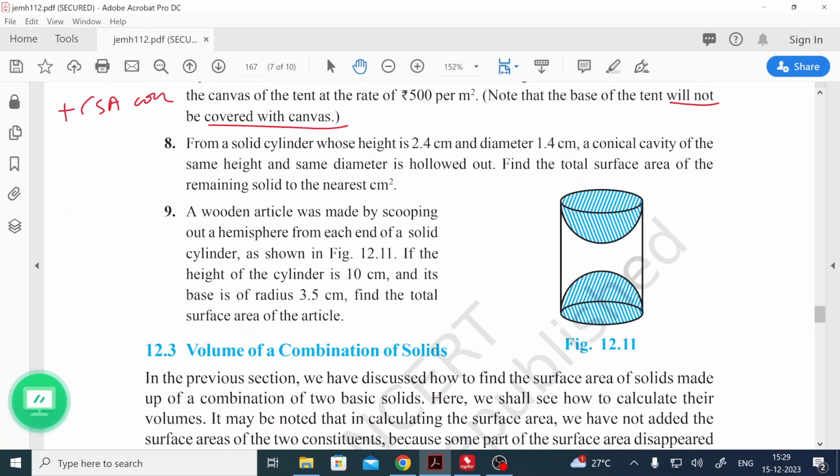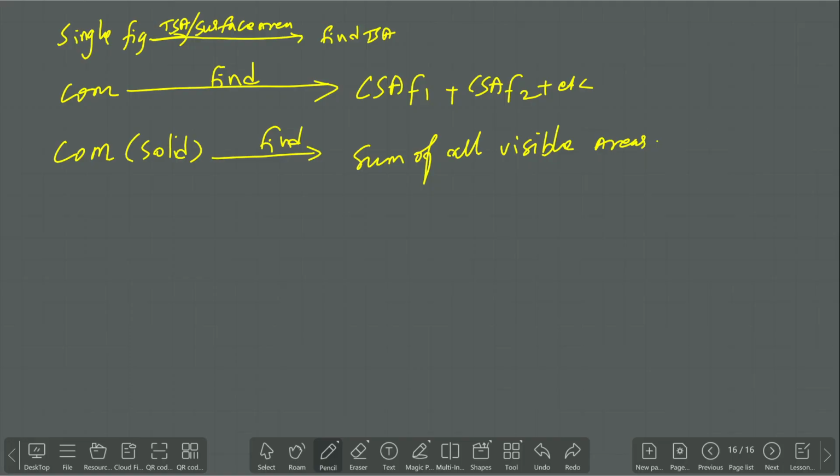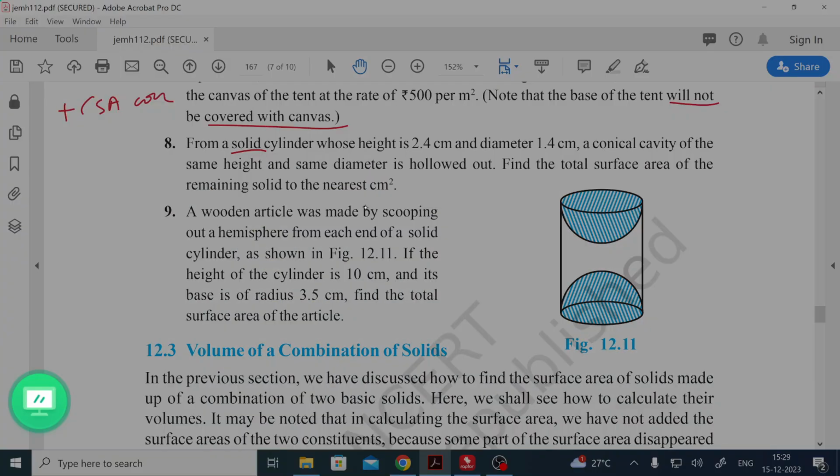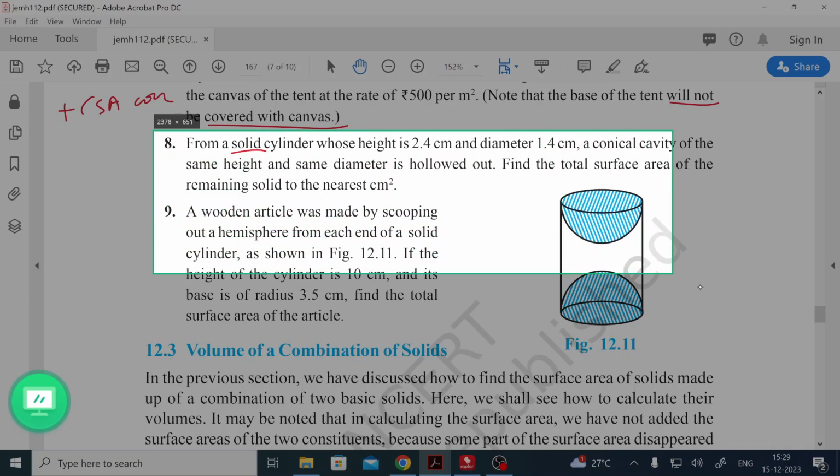8th question, in the beginning itself they have given what? From a solid. If the word solid is there, then you should go for all visible area. See children, question number 8 and 9 together I will take.